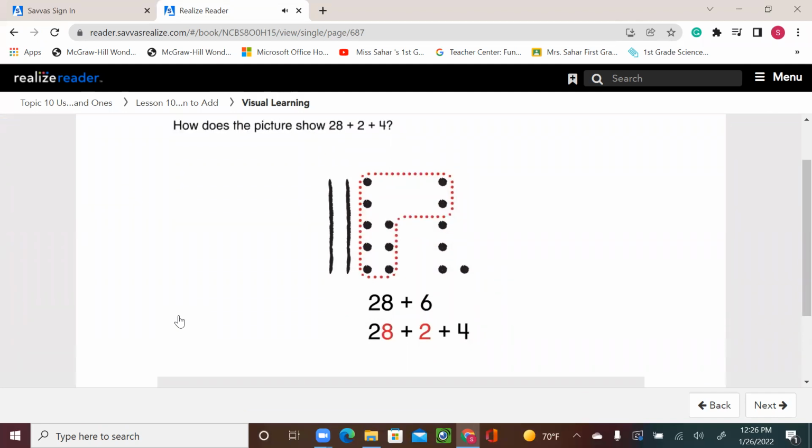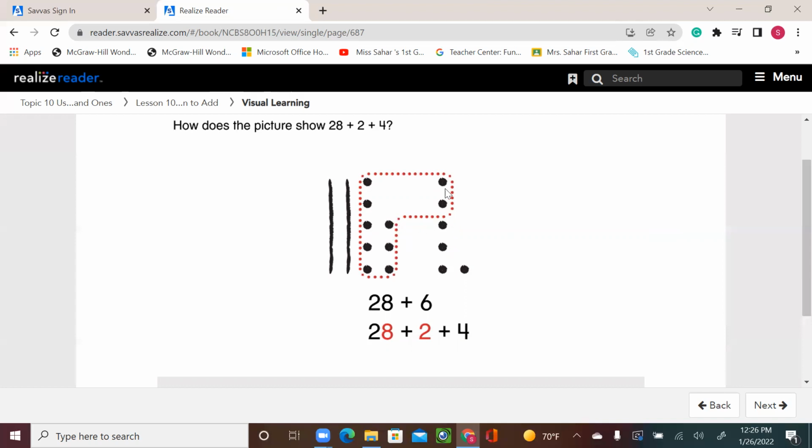How does the picture show 28 plus 2 plus 4? All right, we're adding 28 plus 6. So here's the first, the 2 tens, and then the 8 ones. The second addend, 6 ones. Here's your 6 ones.